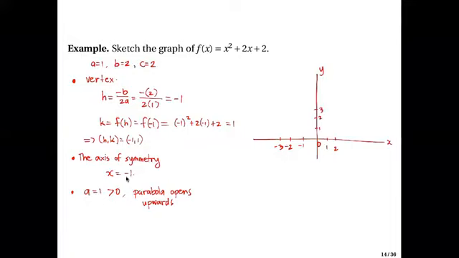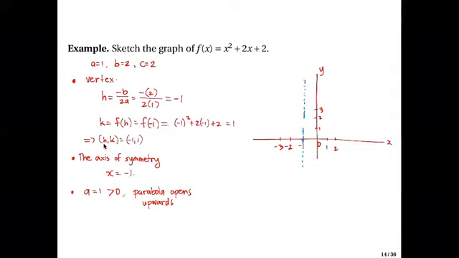The axis of symmetry, x equals negative 1. So the axis of symmetry is the vertical line passing through there, with x equals negative 1. That's the x coordinate of your vertex h.